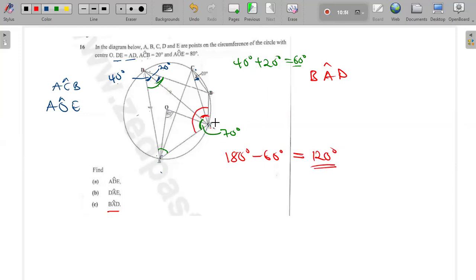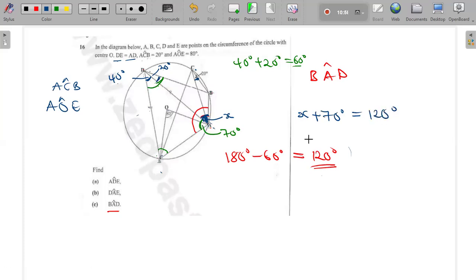So the big one in red is 120 degrees. But now, our concern is to find this small angle here. So how do we do that? We know the whole angle has to add up to 120 degrees. But we have a 70 here, and the other one we don't know. So if we call this x, then x plus 70 degrees must give us 120 degrees.